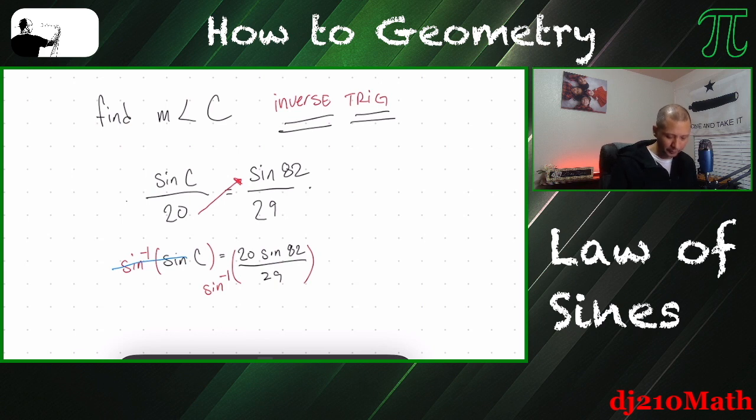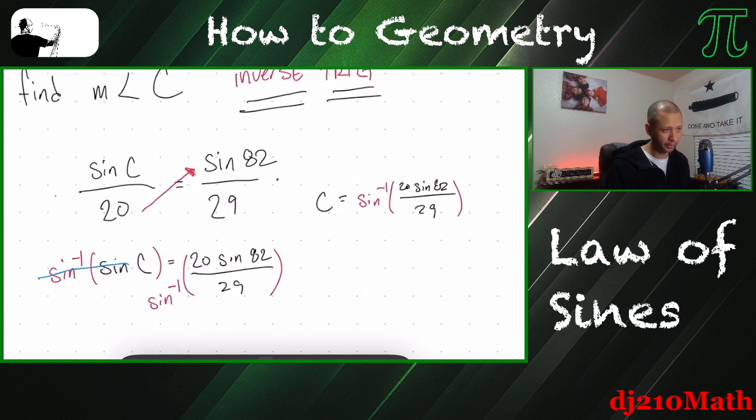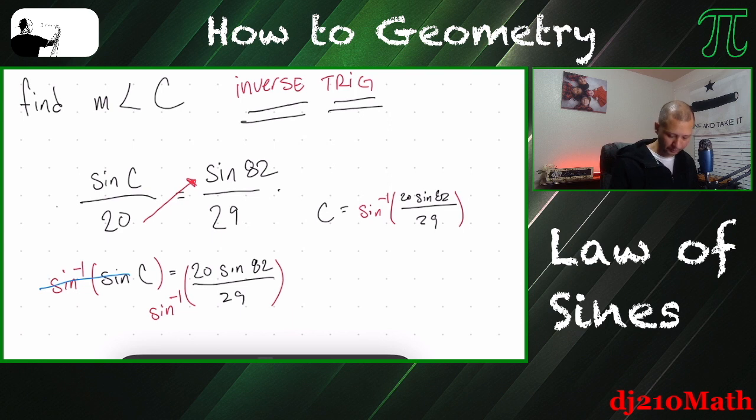And so we're left with the angle, big C, which is equal to inverse sine of 20 sine 82 over 29. And now, 1000%, this is calculator work, right? There's no reason why anyone should know this. Okay, this comes out to approximately 43 degrees.